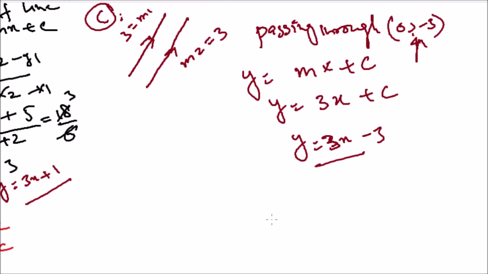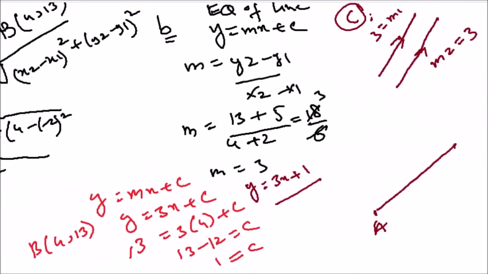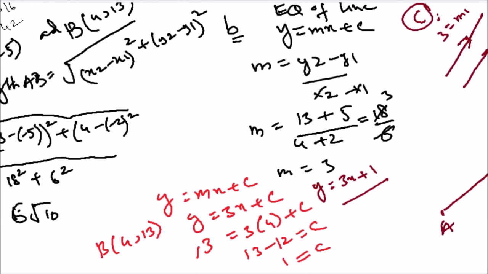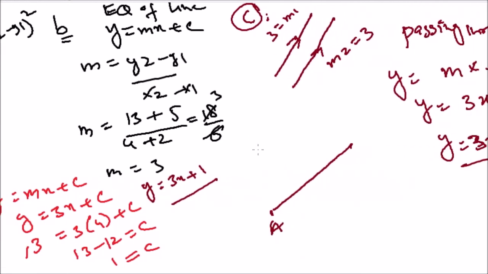Now find the equation of the perpendicular bisector of AB. This is now another thing. AB is this line. Let's say point A is here. We know point A and point B. Point A is minus 2, minus 5, and B is 4 and 13. So the perpendicular bisector of AB divides the line at the midpoint into two equal parts.